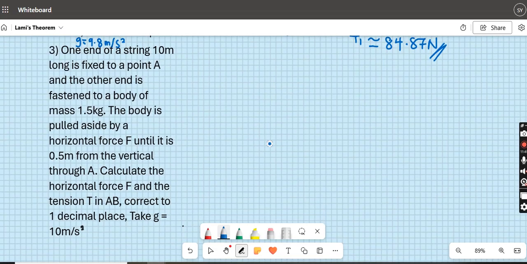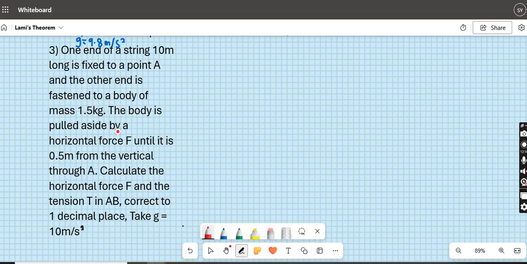Question 3. One end of a string 10 meters long is fixed to a point A, and the other end is fastened to a body of mass 1.5 kilograms.